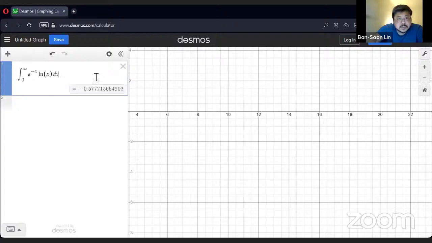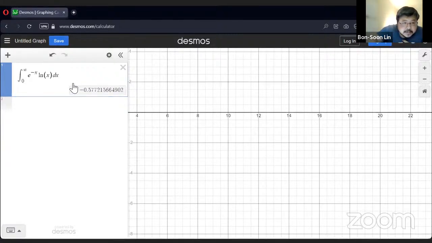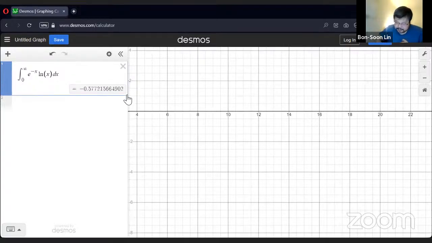Let's see if Desmos can do it. It gave us the number negative 0.5772..., right? So this is the decimal answer, which is kind of neat. Let me copy this. And it is just a number.